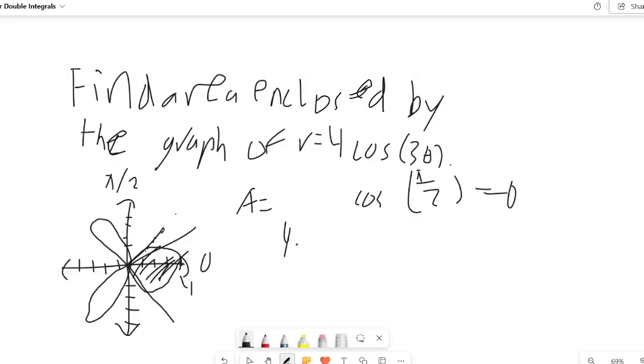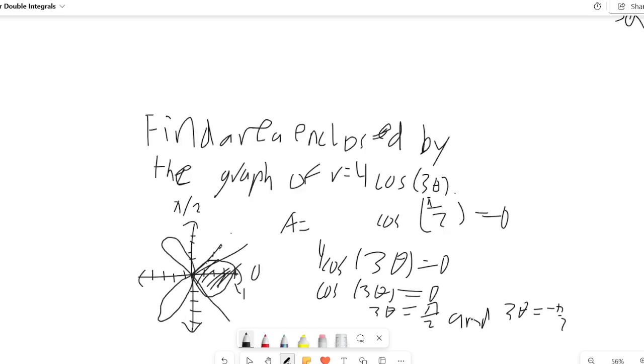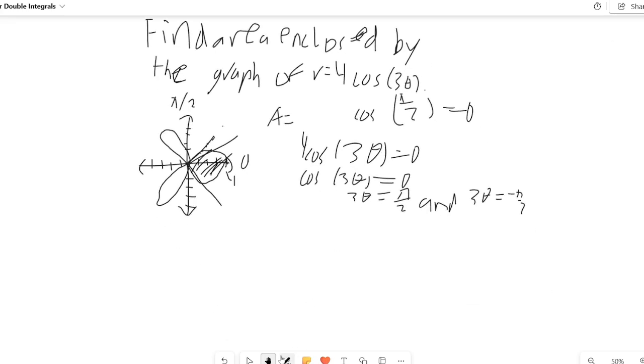So when is 4 cosine 3 theta equal to 0? In that case, we have cosine of 3 theta equals 0, so 3 theta equals pi over 2 and negative pi over 2. And this would simplify to negative pi over 6 and pi over 6.